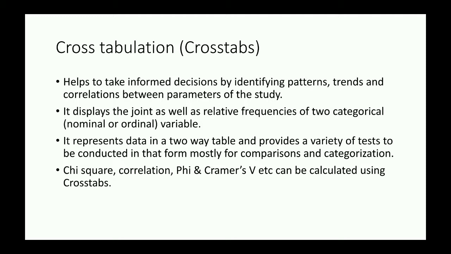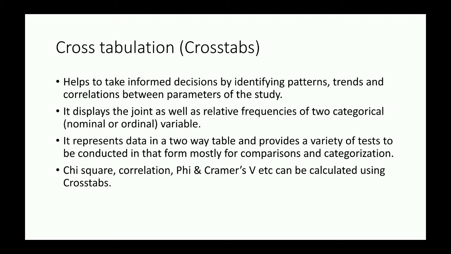So you can basically study the patterns or trends within your variables, or the correlation within your variables. It displays the joint as well as relative frequencies of two categorical variables. So two categorical variables which are measured on nominal or ordinal scale can be jointly or relatively presented in a cross tabular manner.